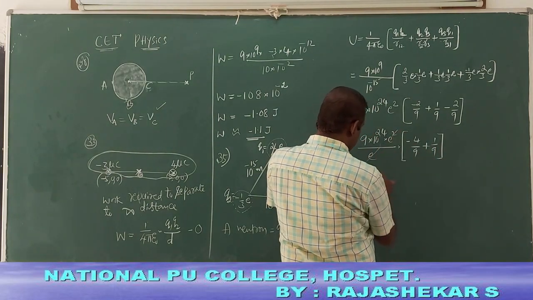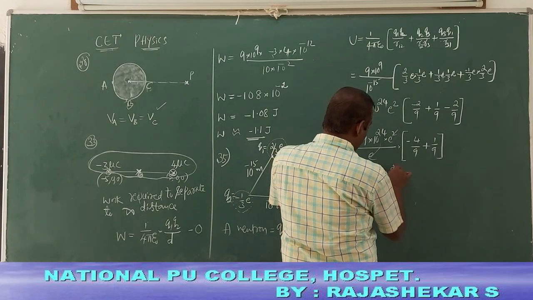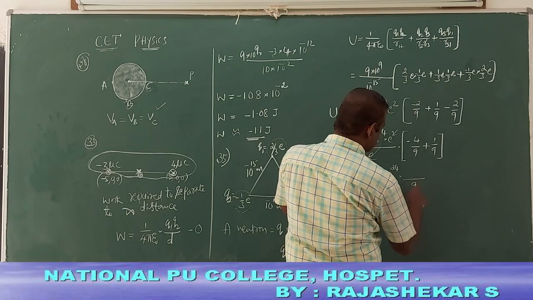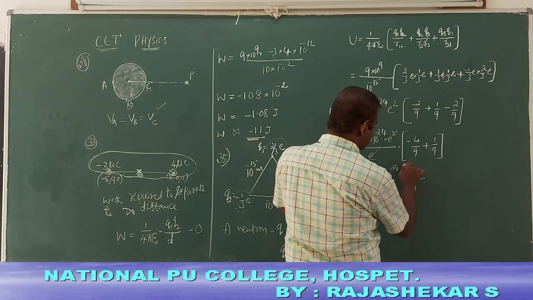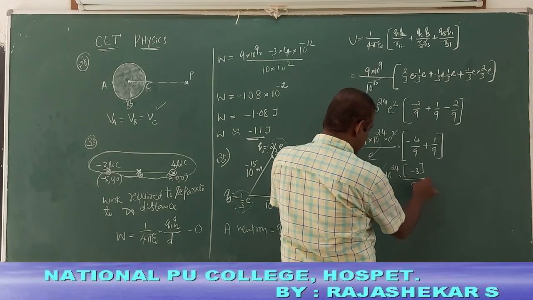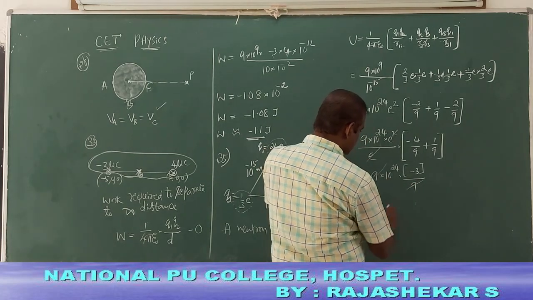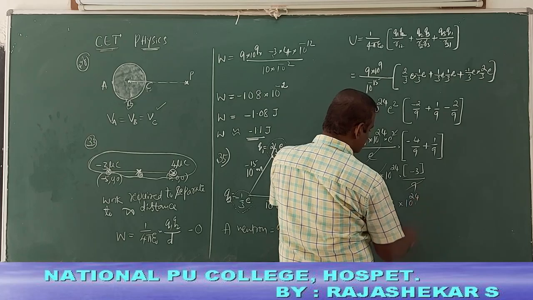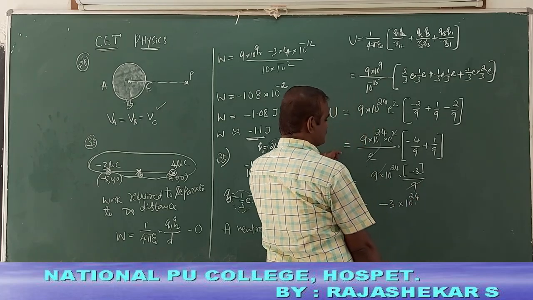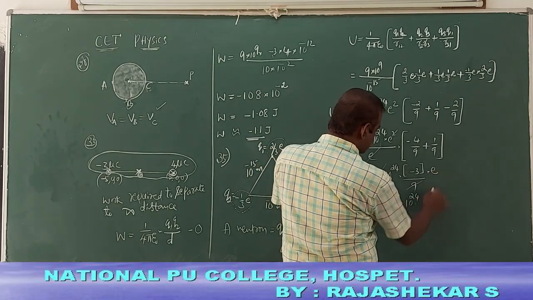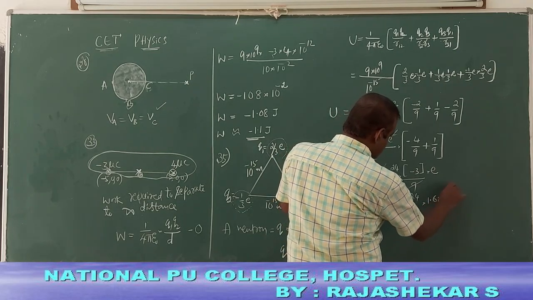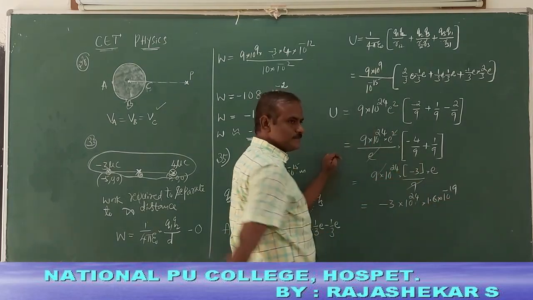This is 9 into 10 to the power 24 into, this is 9, this is minus 3. So this cancels. Minus 3 into 10 to the power 24 into one more e is there here, see that, into 1.6 into 10 to the power minus 19 because this e square is 1 e.